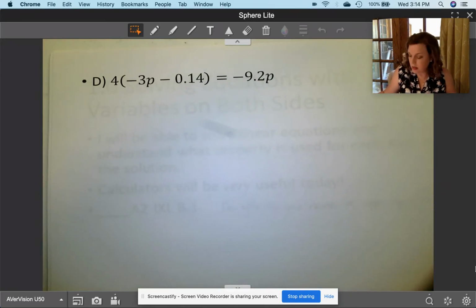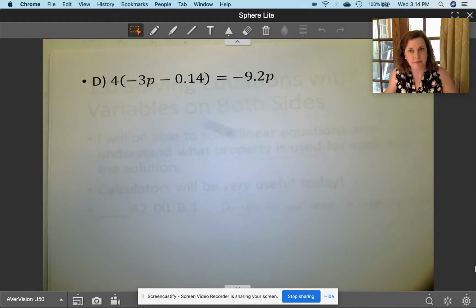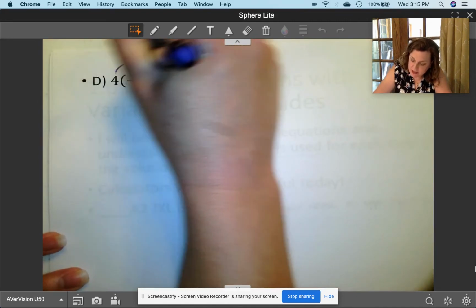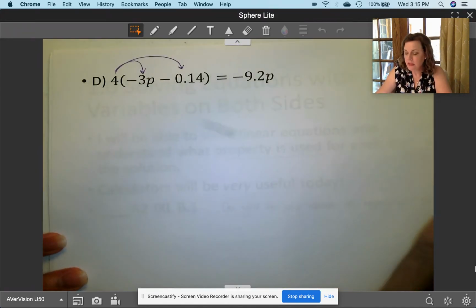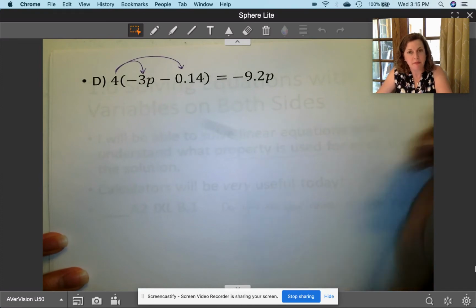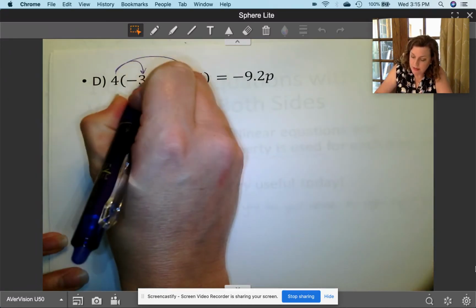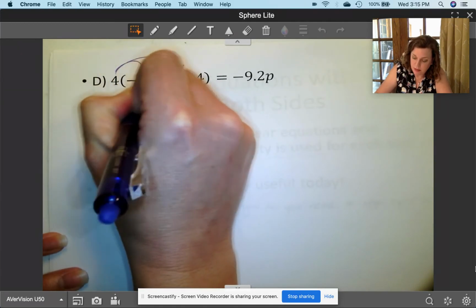All right, what do we need to do on this first thing? Distribute. And yes, more decimals. Ugh. I don't like decimals. Okay, I'm going to go ahead and start by distributing. So that would be a word that you would see on the next lesson for IXL, distribute. 4 times negative 3p is negative 12p.